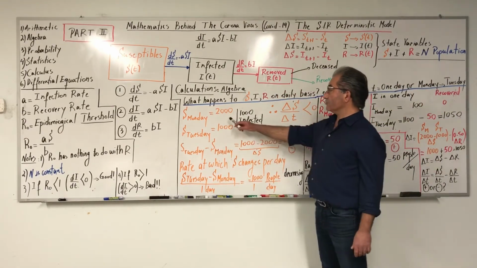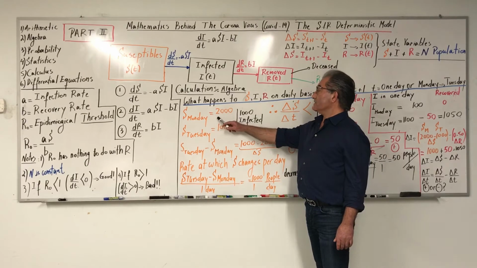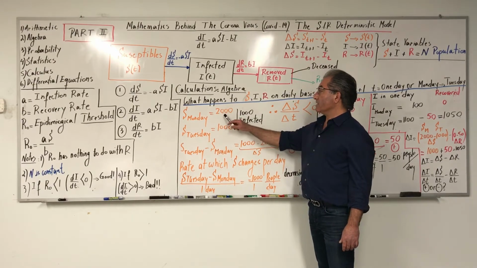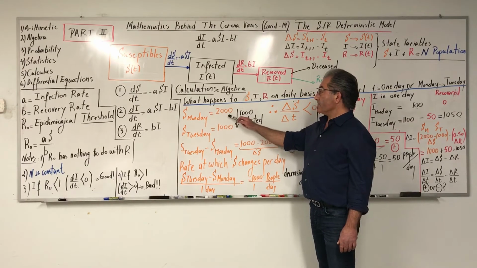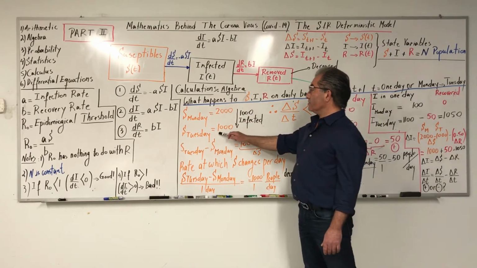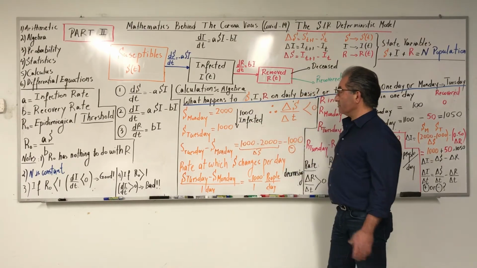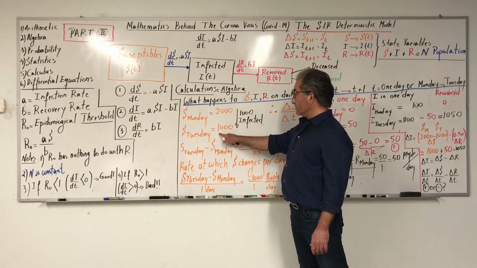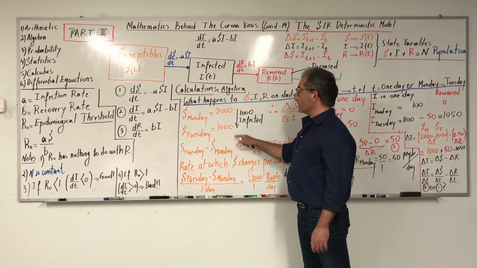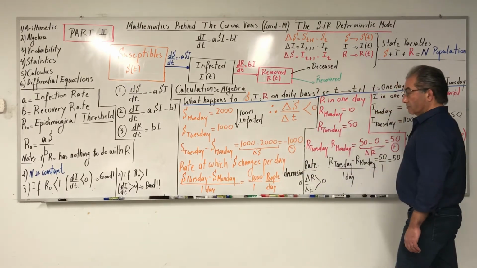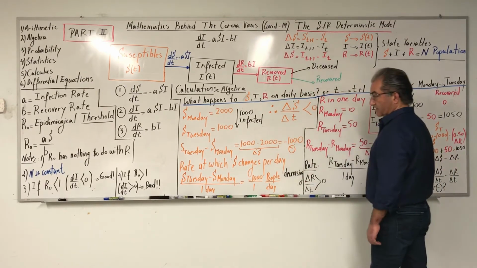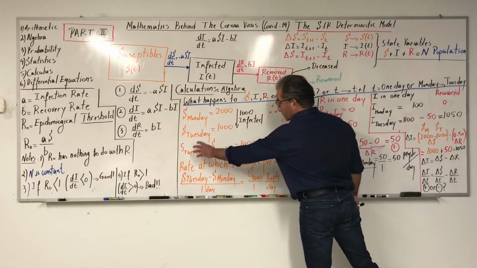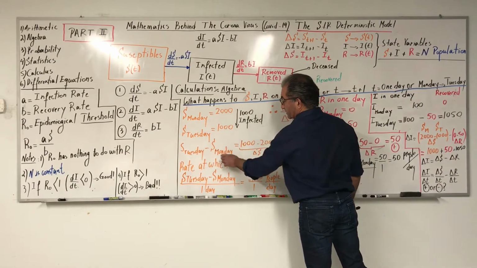Let's say we have 2,000 susceptible people on Monday. Of course, on Tuesday we're going to have fewer people. Let's say 1,000 of them are infected, and on Tuesday we're going to have 1,000 people. So usually when you take the difference, you do S of Tuesday minus S of Monday.